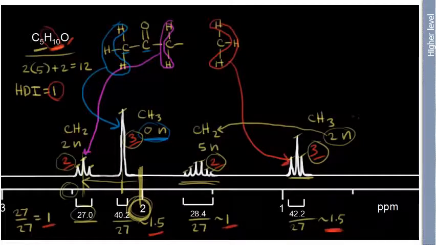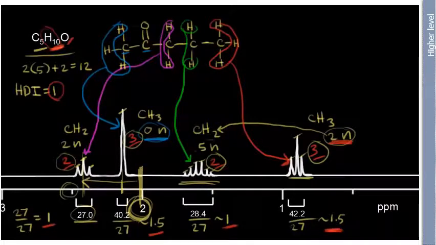From the signal, we know that these methyl protons are next to 2 neighbors, and so we must have a CH2 next to that methyl. Let's go ahead and draw in our CH2, and this CH2 must be this signal right here. Let's think about how many neighbors. We expected 5 neighbors for these CH2 protons.